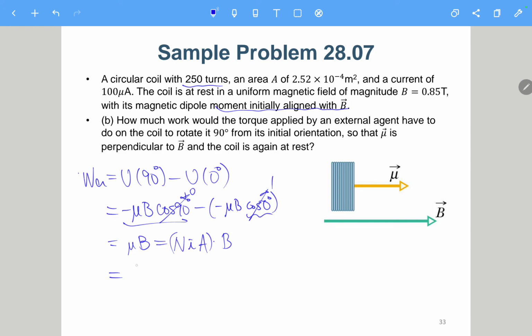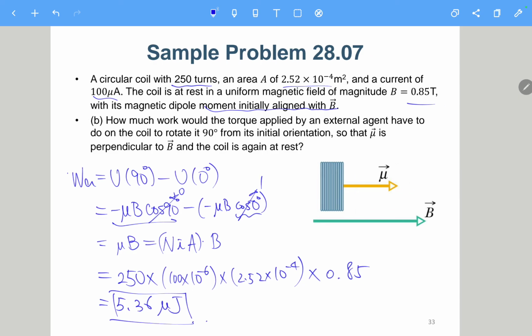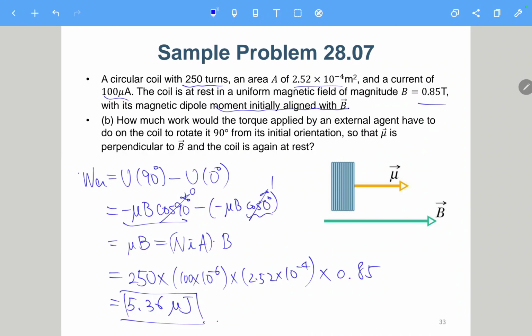N is 250 turns, times I, which is 100 times 10 to the minus 6, and then A is 2.52 times 10 to the negative 4, and then times B, which is 0.85. So the answer is 5.36 microjoules. Okay, so far any questions?